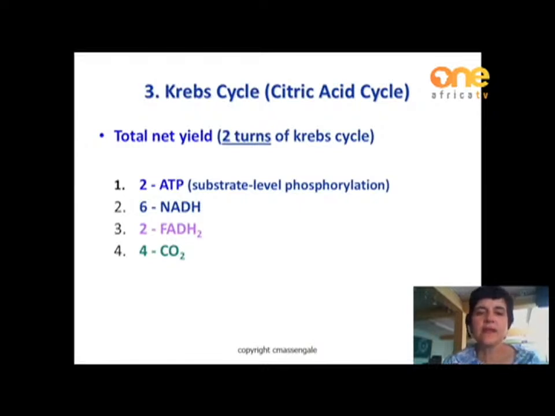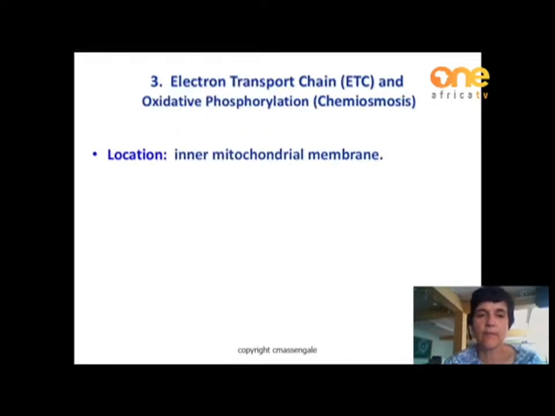So the yield after 2 turns of the Krebs cycle will bring us 2 ATPs, 6 NADH, 2 FADH2 and 4 molecules of carbon dioxide, 2 per turn.